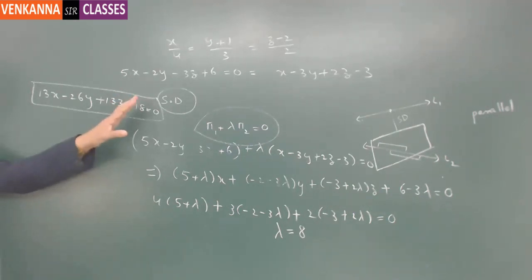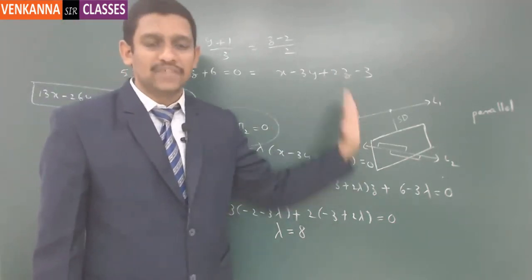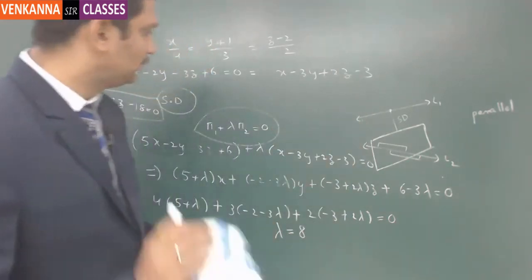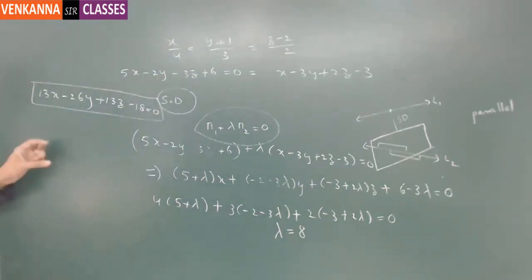So is this part clear for everyone? Now let us go with the second part of the problem, that I need to calculate the line of SD here. So I want to draw a new diagram here for your better understanding.